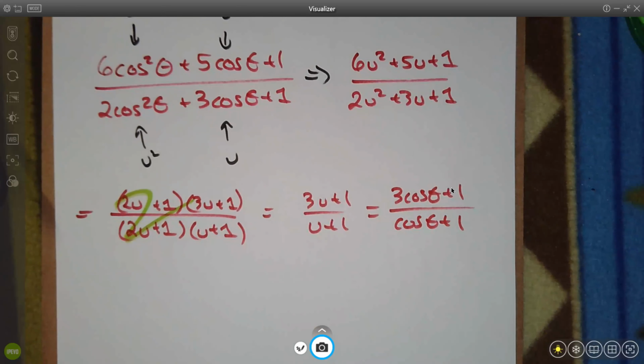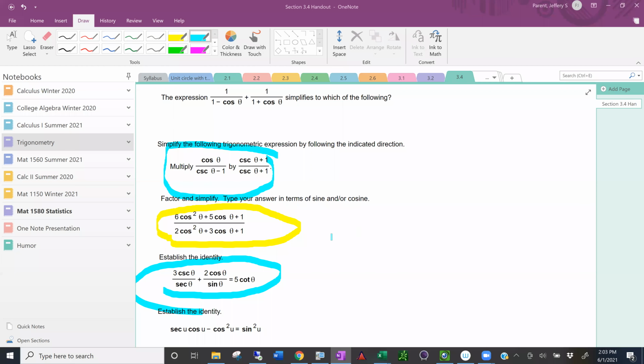Okay, let's do a couple more to wrap things up. So let's go down to this one, which I've circled in blue. It says establish the identity 3 cosecant of theta divided by secant of theta plus 2 cosine of theta divided by sine of theta.